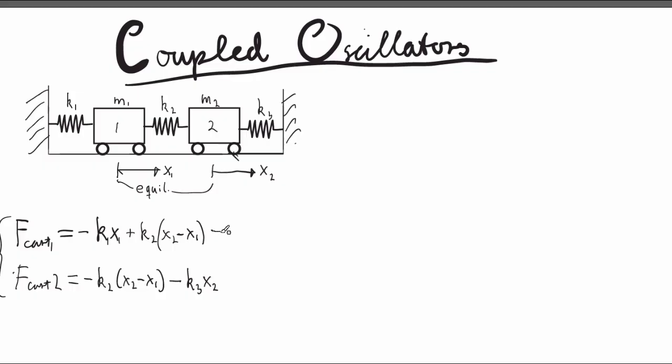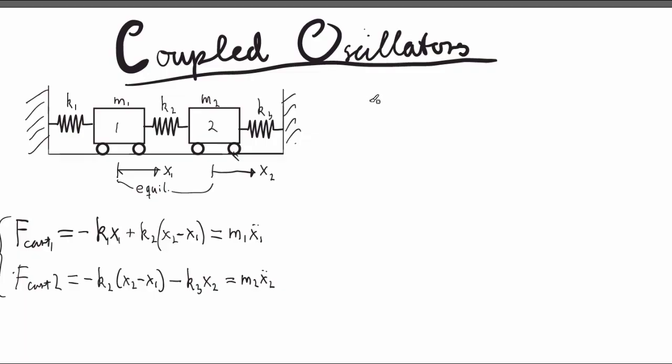And the force now on cart 1 has to then, of course, be the mass of cart 1 times X1 double dot, and the corresponding thing for spring 2. And we can rewrite this as a simple differential equation.